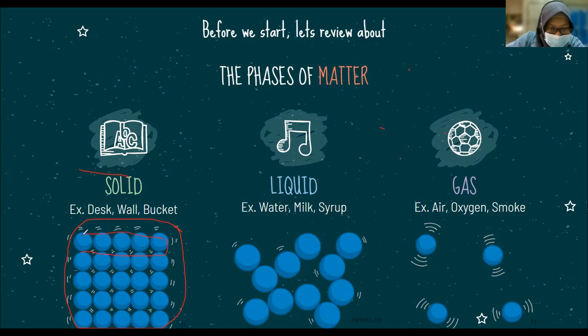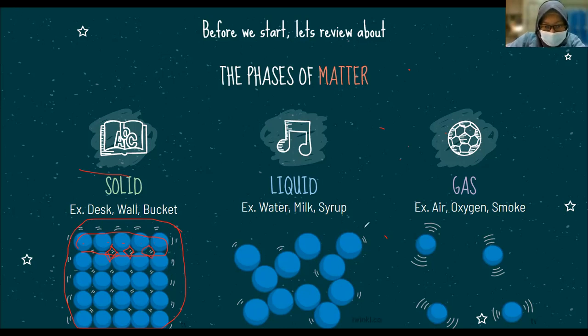You can see it's a regular pattern: five particles in the horizontal and vertical directions, and the spaces between them are the same for each space. They are also tightly packed, so they almost cannot move. They can move, but the movement is very little.